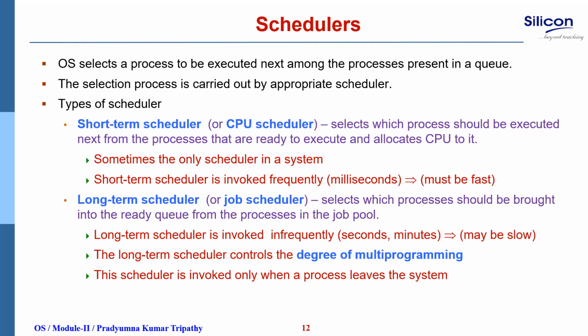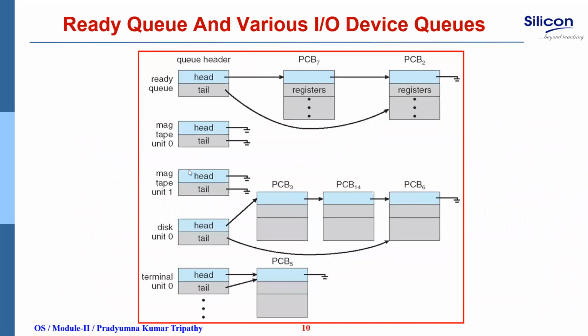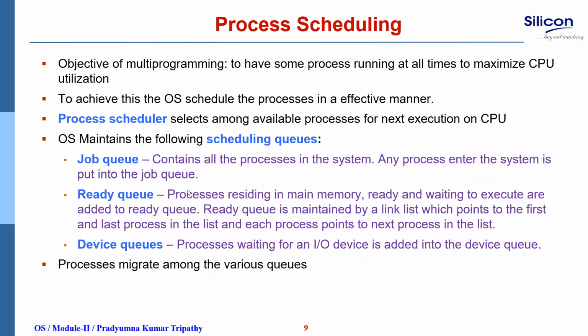What does it do? It selects which processes should be brought into the ready queue from the processes in the job pool. I have already told you about the job queue. In this slide, I told you that the job queue contains all the processes. There are multiple processes there.